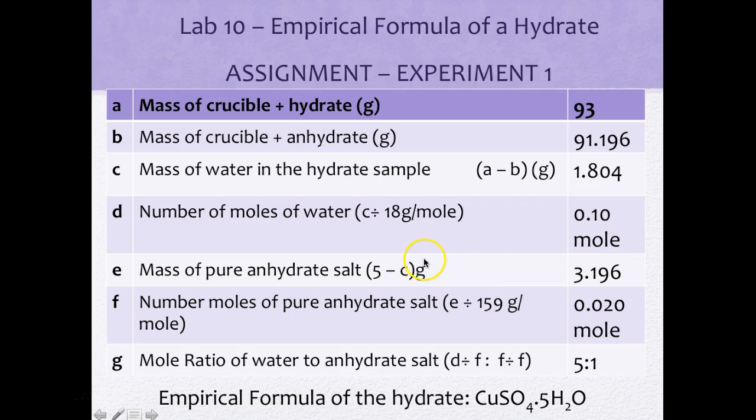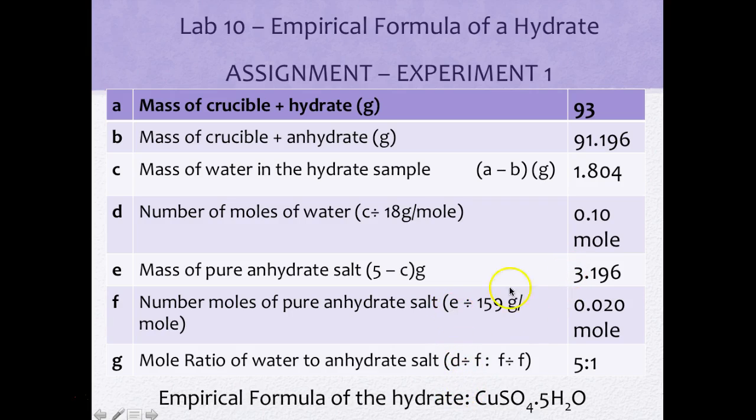Now, initially you took 5 grams of the hydrate. If you subtract the mass of water from the hydrate, you get the mass of the anhydrate, which is the copper 2 sulfate. So that's 3.196 grams.